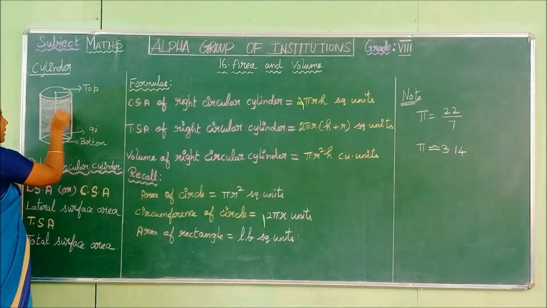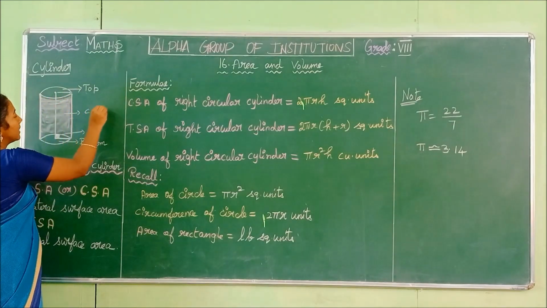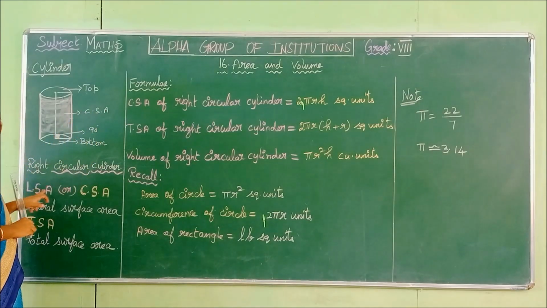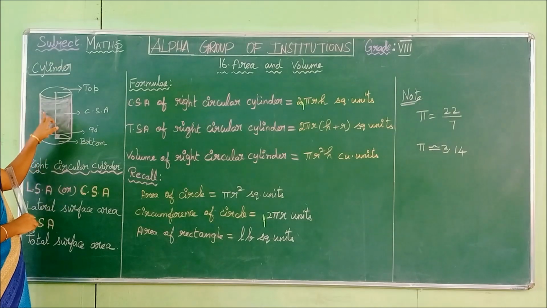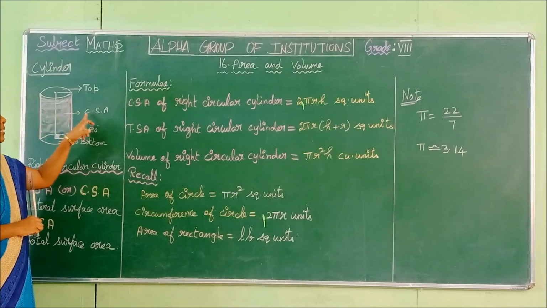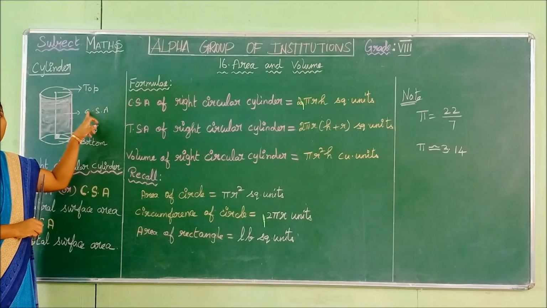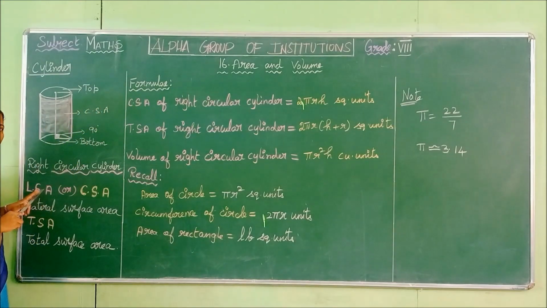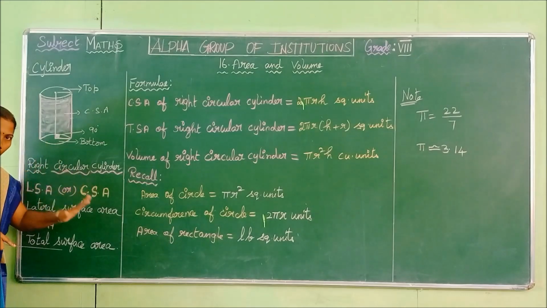This portion area is said to be CSA, that is curved surface area. It is also termed as lateral surface area. Here the surface of the cylinder is in the shape of a curve, so we are using the term CSA. So you have to understand both the LSA and the CSA are the same.